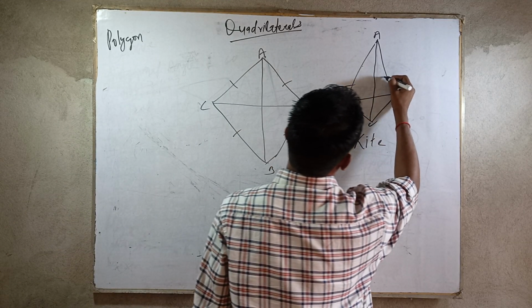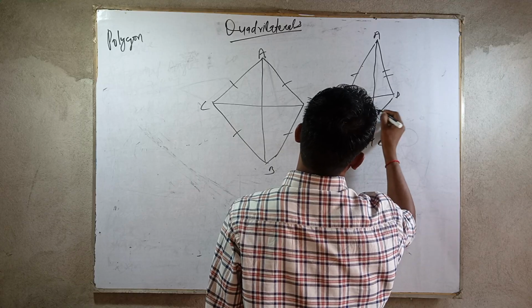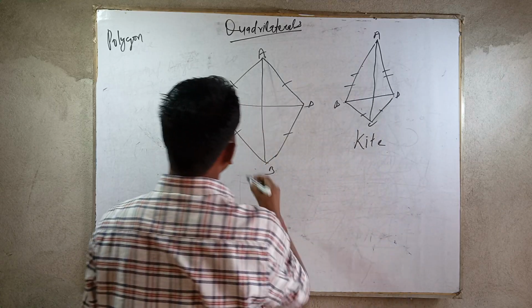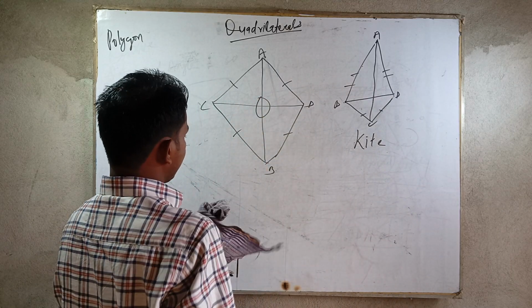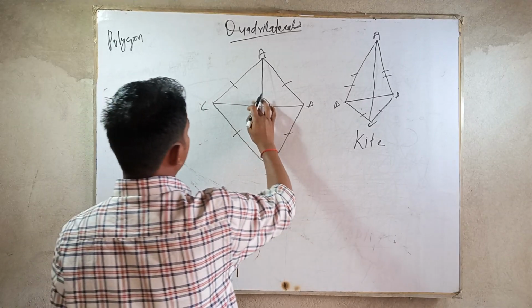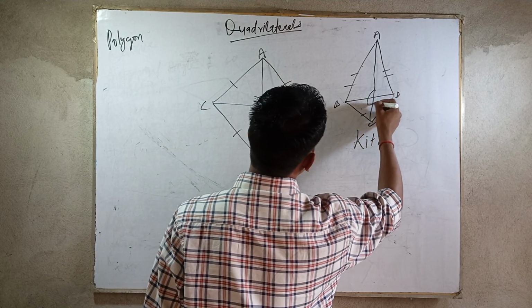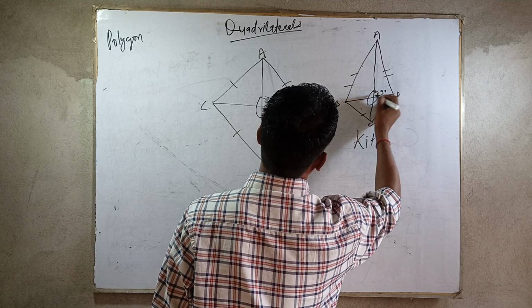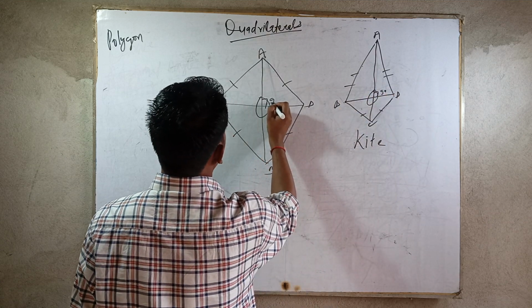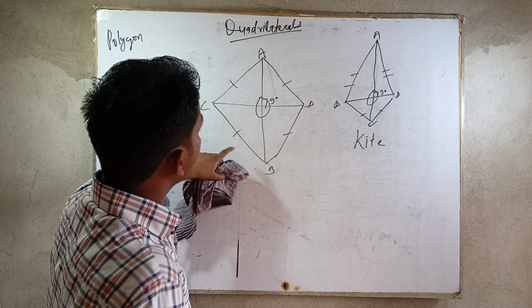Its opposite sides are equal, and both diagonals bisect each other. Both are perpendicular. In this also, this is perpendicular to each other, and this is also perpendicular to each other. So this is a rhombus.